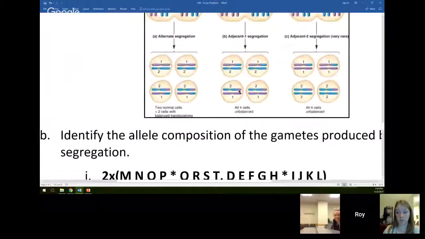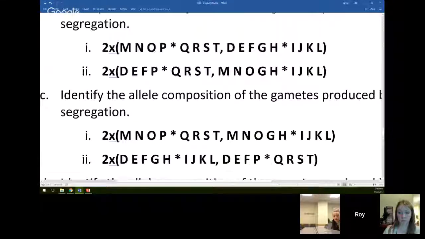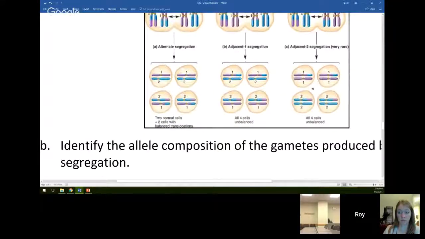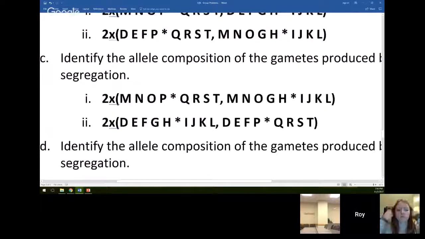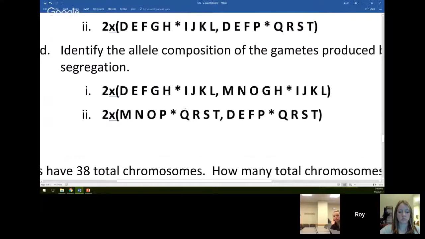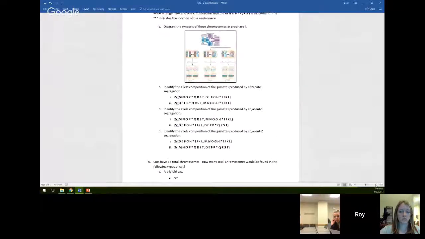Again, 2 alleles of each set of these chromosomes, and then the final one, adjacent 2 segregation. Very rare, because it's super overlapping. Notice that you have the original parent, and then you have the slight change on those 2. The original parent I listed there, and this is the least change. So that's kind of how that works for number 4.